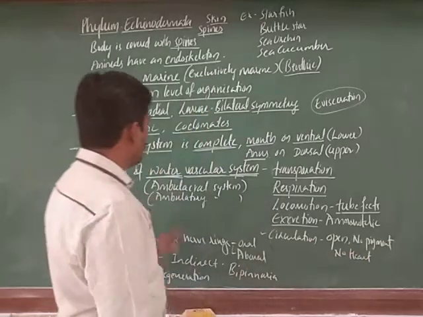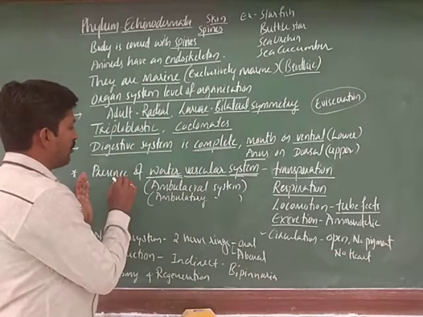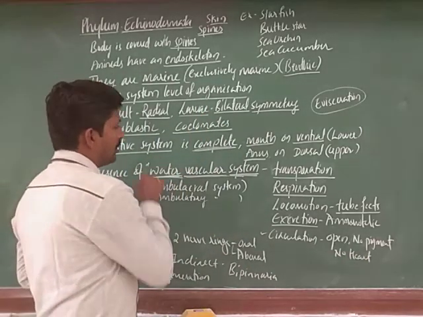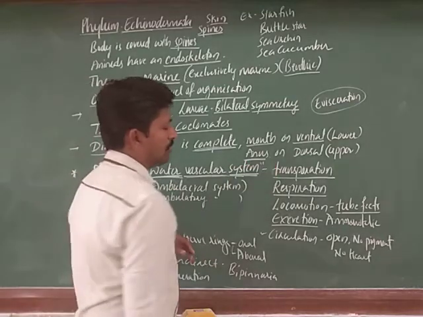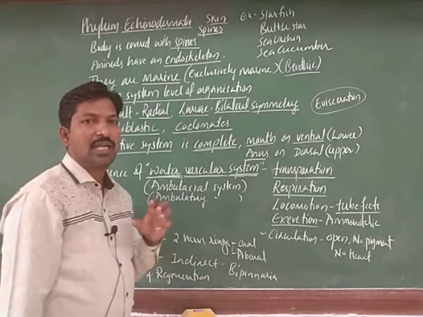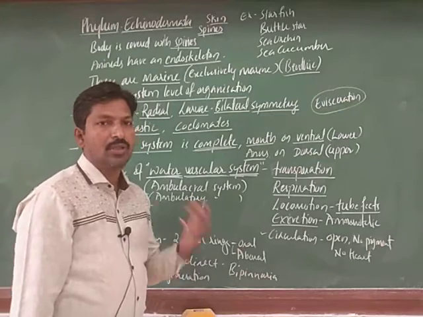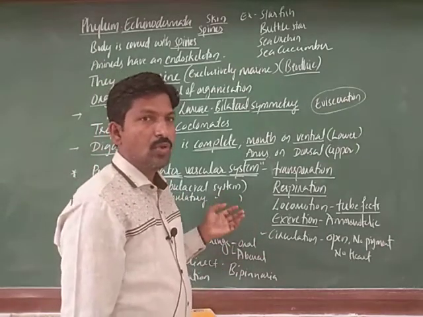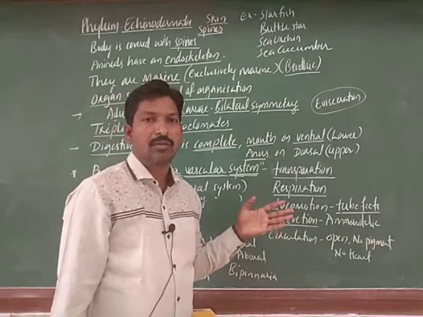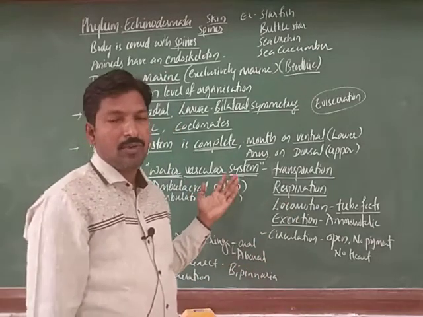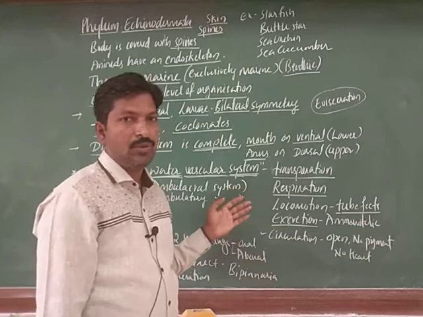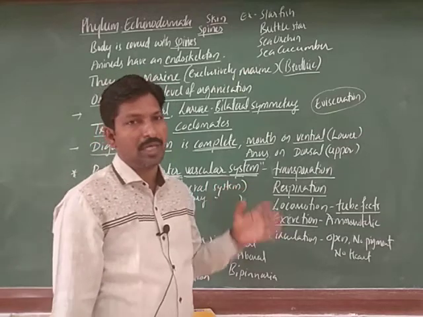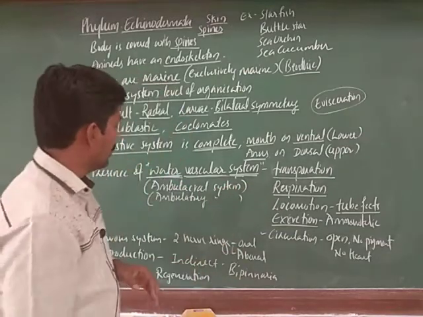Almost most of the functions are carried out by the water vascular system, that is the canal system, as was observed in sponges. So, it is more developed than that one. They are also exclusively aquatic, completely marine forms, which we see, right.